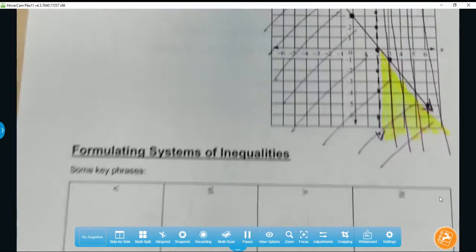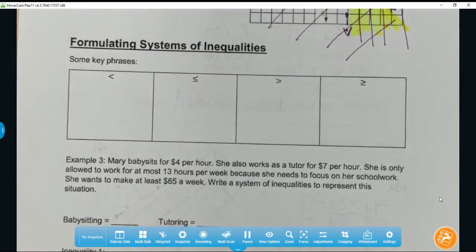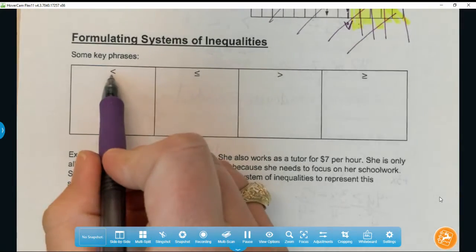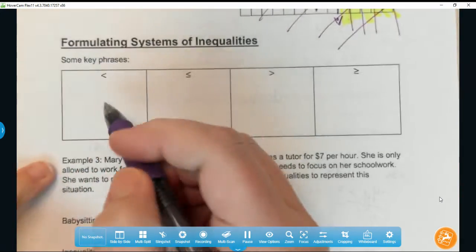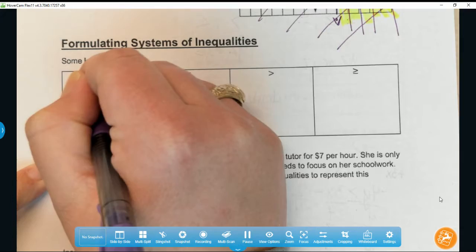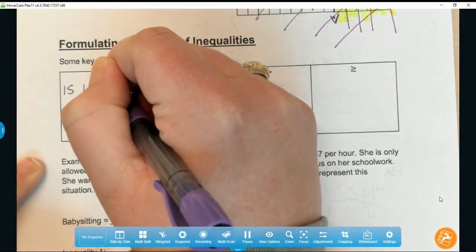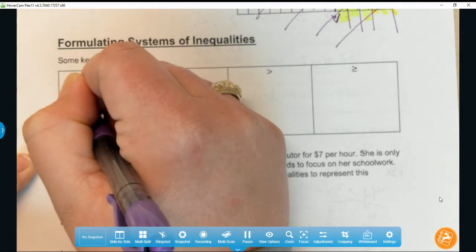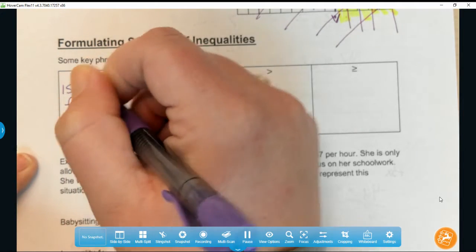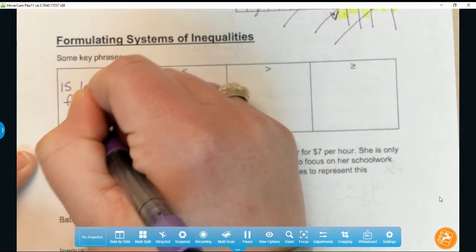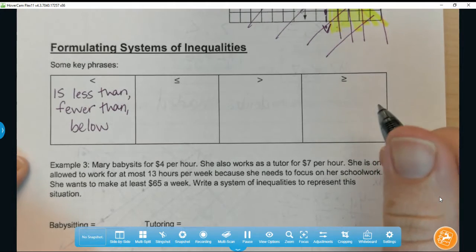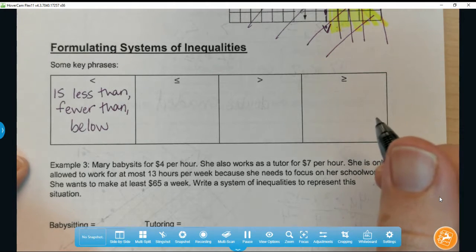Okay, when we are writing or formulating systems of inequalities, there are some key phrases that we see. This is a less than sign, so we might see the phrase is less than. We might see fewer, fewer than, or we might see below. Those are some key phrases when we're talking about the less than sign.